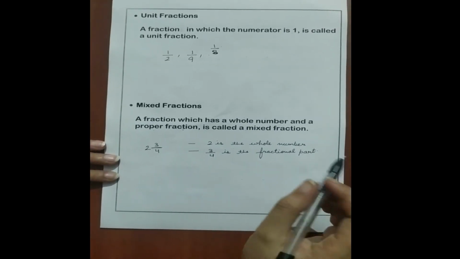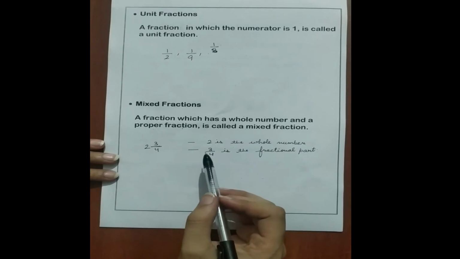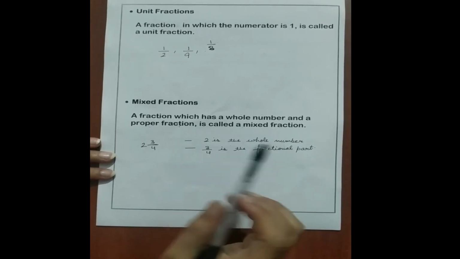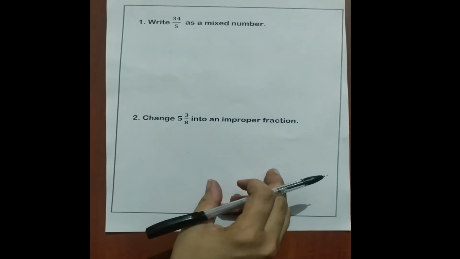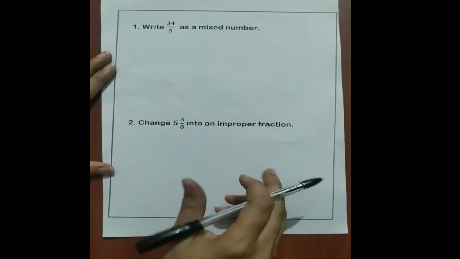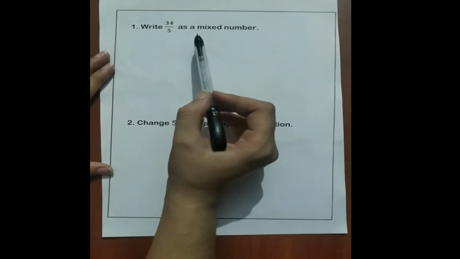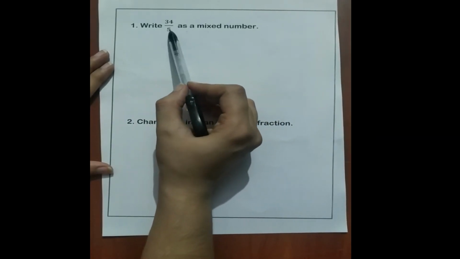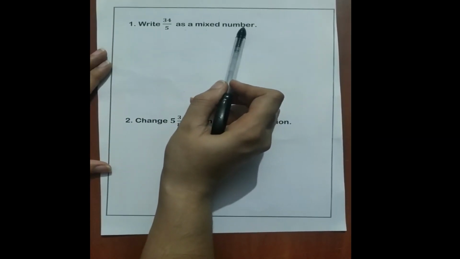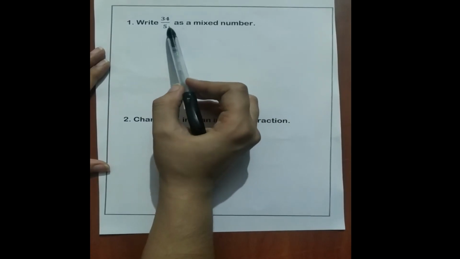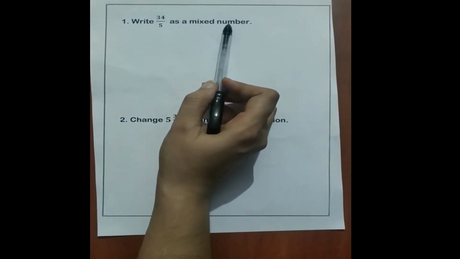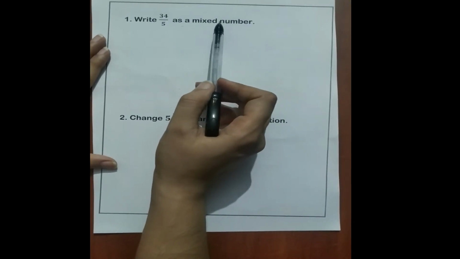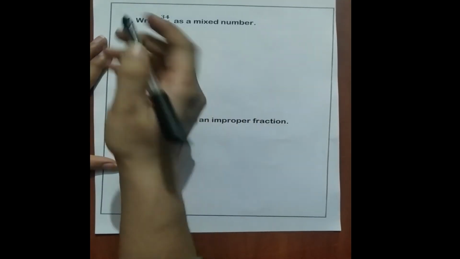One more thing to be noted down, that is improper fractions can be written as mixed numbers. Let's solve it. Write 34 by 5 as a mixed number. Now we will change this fraction into a mixed number.